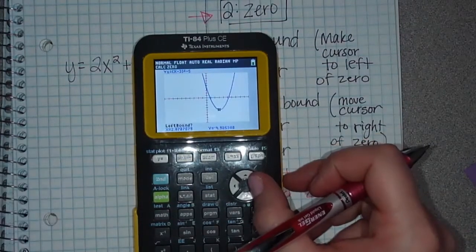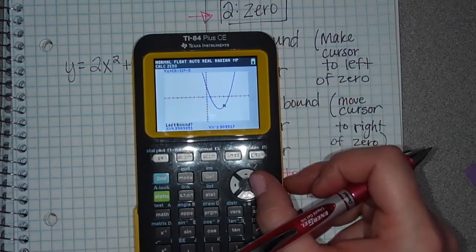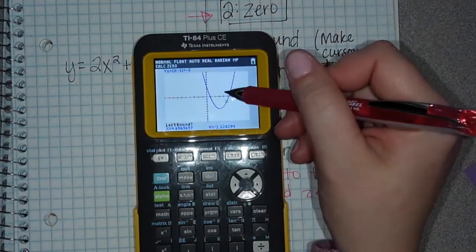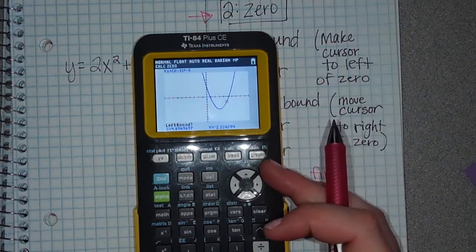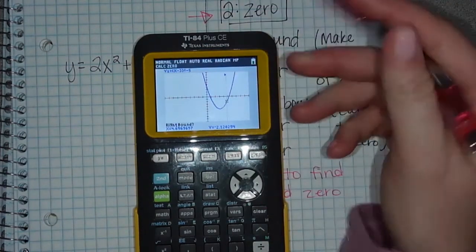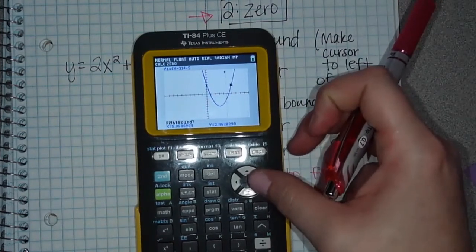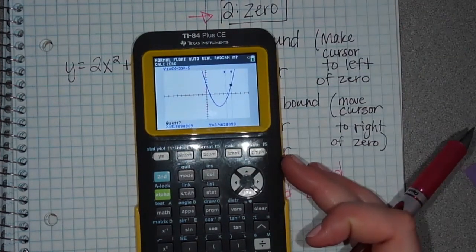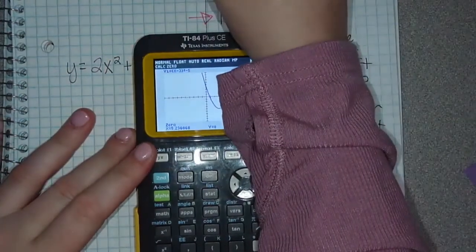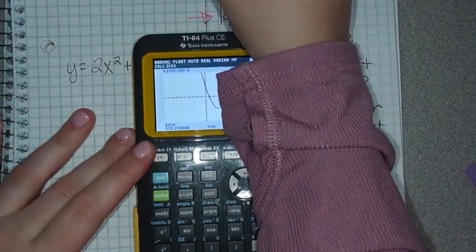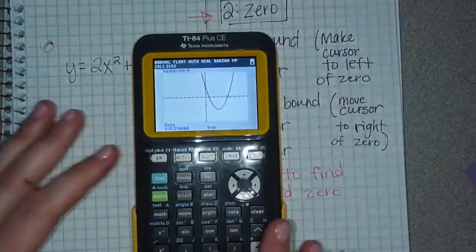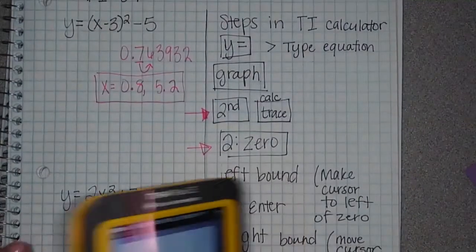Now, this is one place that people start messing up on: you need to get to the left of it, which the left is this direction. So you want to hit enter on the left. Look at that little arrow that pops up. And then you have to move to the right, press enter, and enter again. So then it would be at 5.2. Sorry, can't see what I was writing.